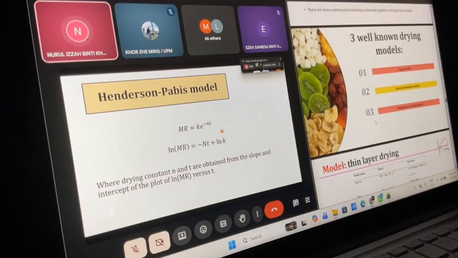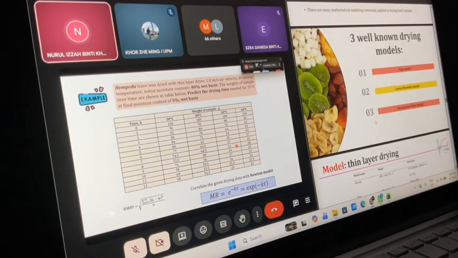And for Henderson, y is ln MR, your x is t, your slope is negative n, and the intercept is ln K. So to know what N and K are, you need to plot the graph. We're going to see the example later, so you can see how to apply this model. Now we're going to see one example.